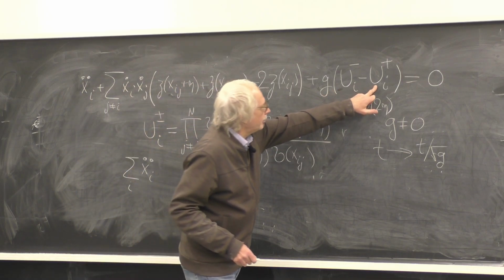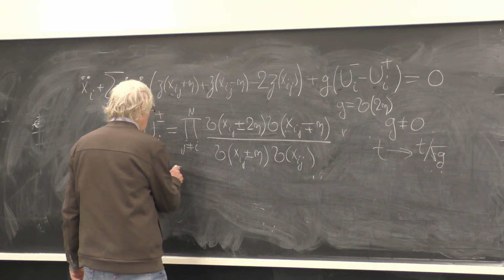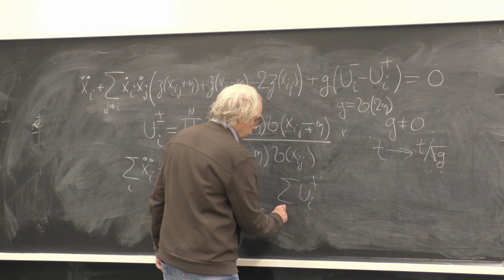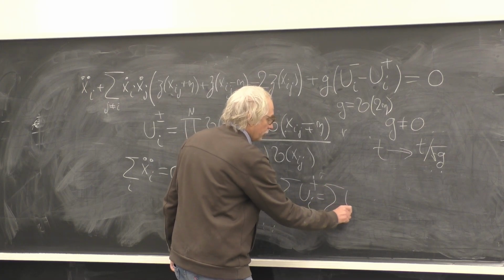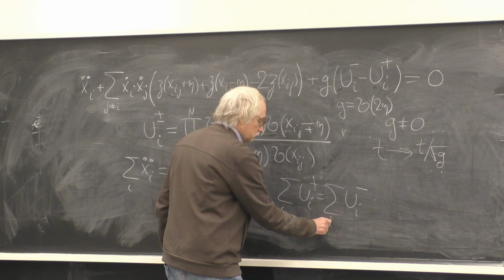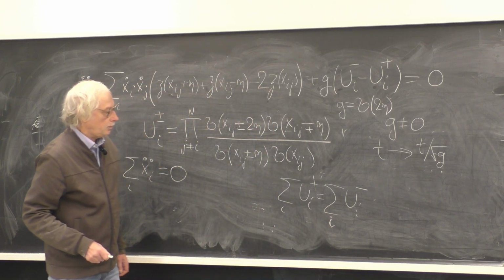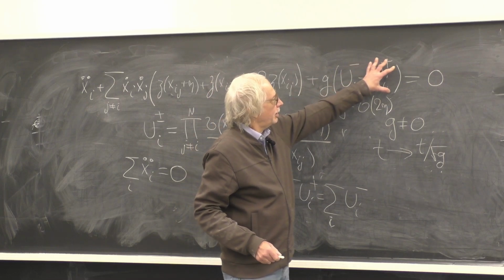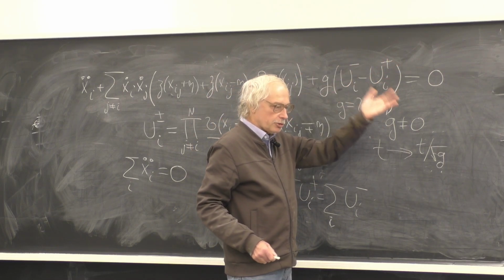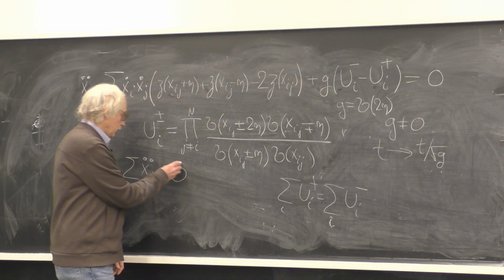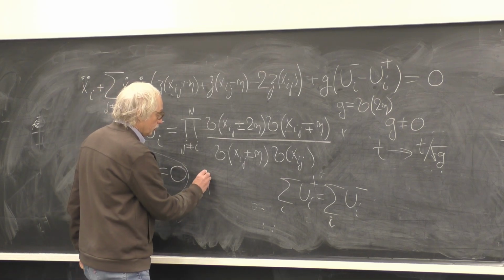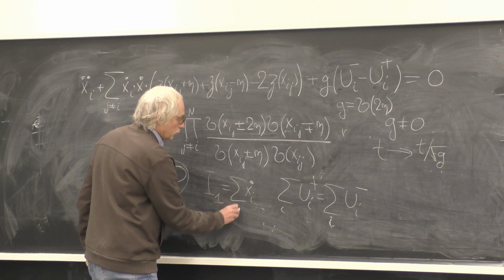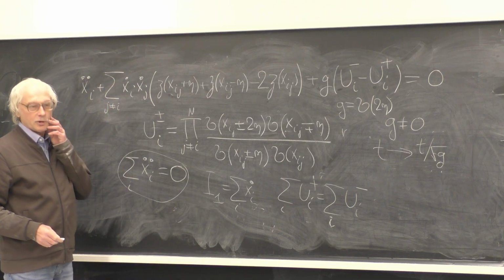But what about this one? One can prove that the following identity holds. So then, after summation over i, this additional term cancels. And we have this equation, which means that A1, which is equal to the sum of all velocities, is an integral of motion.